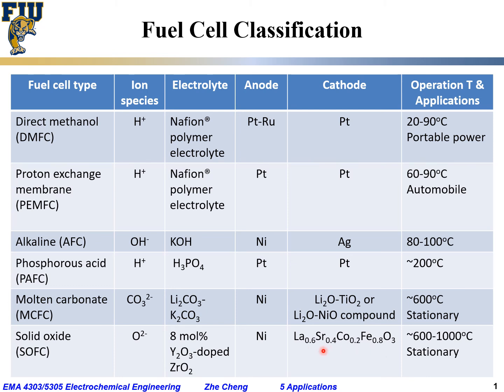It's a structure similar or related to perovskite, ABO3, but it has different stoichiometry at the A site and at the B site. And typically, the solid oxide fuel cell operation temperature is above 600 degrees C, up to 1000, quite often around 750 to 1000 degrees C.